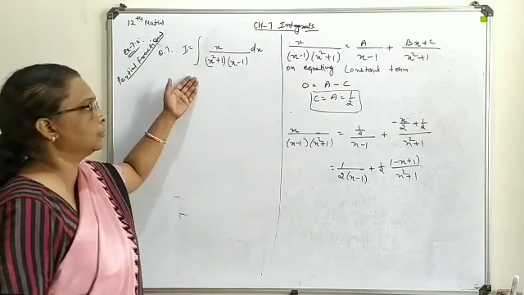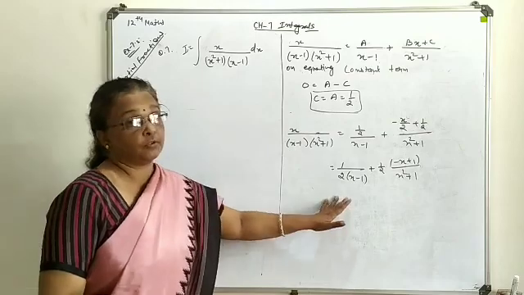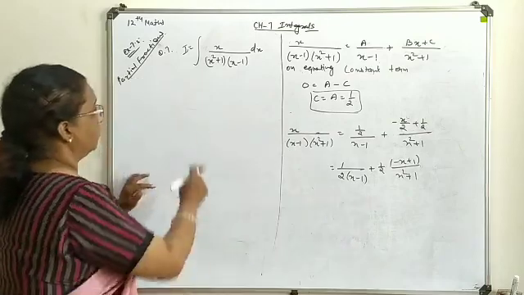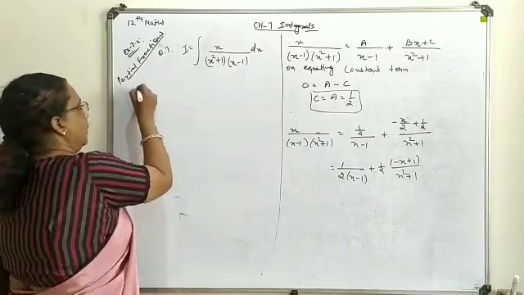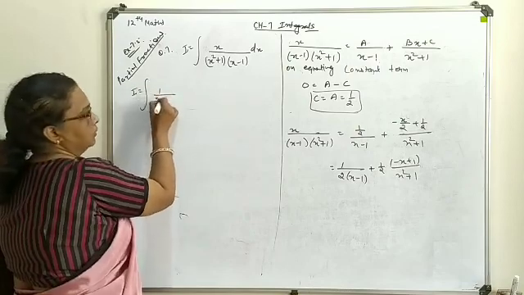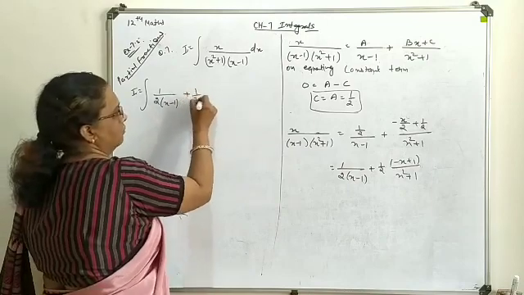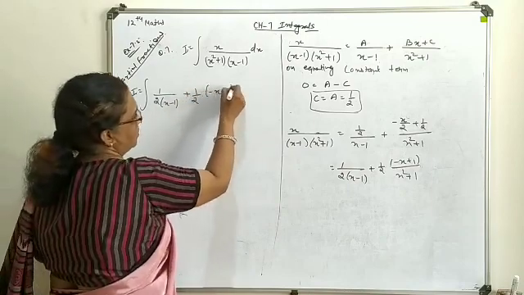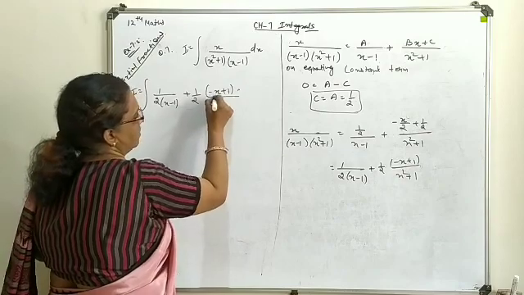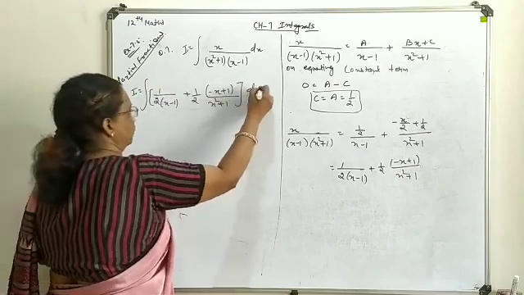So now you come to the question frame, and in place of this expression you will substitute these two separated terms. So now you come here at the initial position, 1 upon 2, it is x minus 1 plus half, minus x plus 1 upon x square plus 1, and this is your dx common.